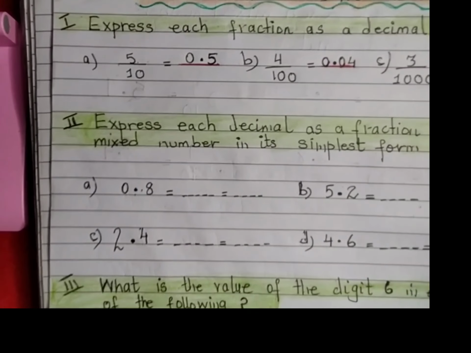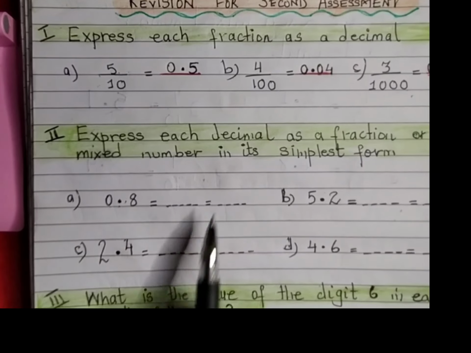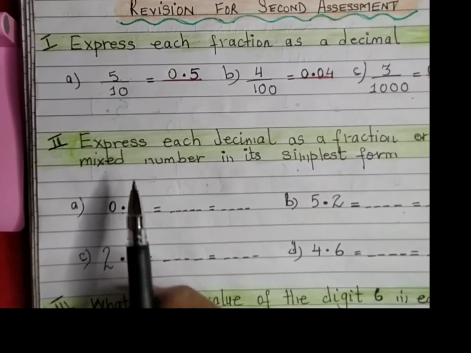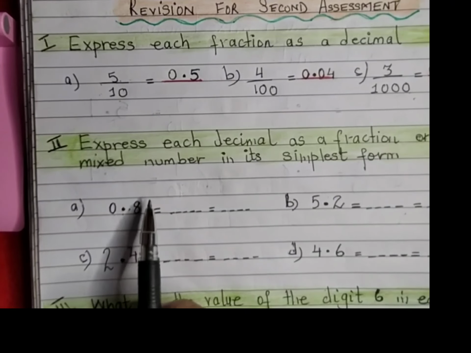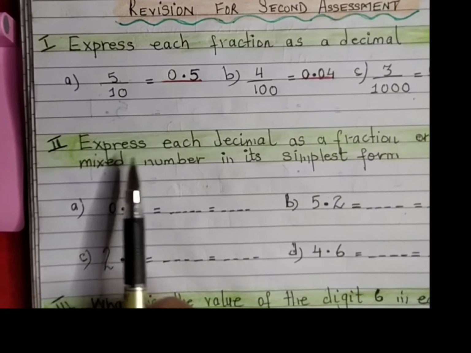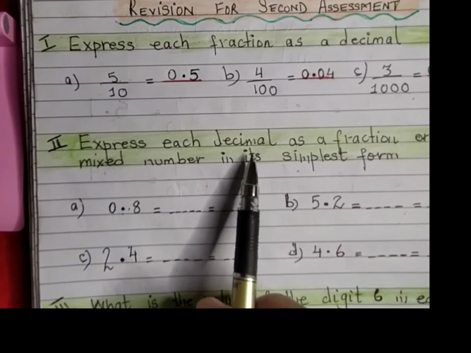And we have a question over here which says, express each decimal as a fraction or a mixed number in its simplest form. What do we have to do? Always read the question very carefully. Express each decimal. It is already a decimal here. What do you have to do here?